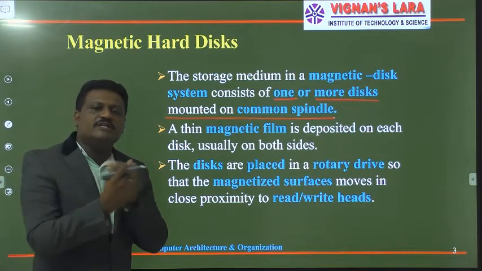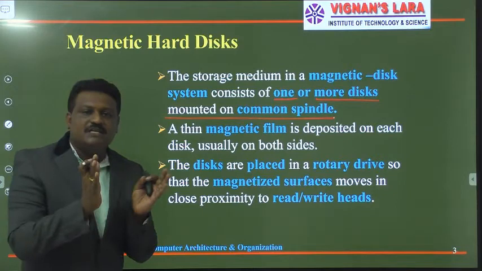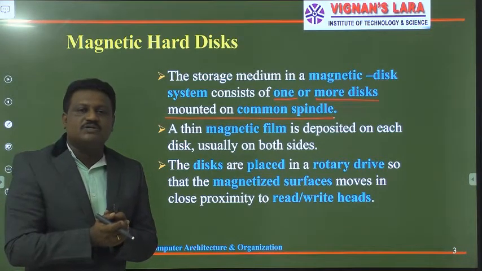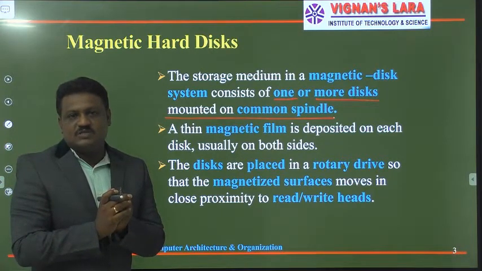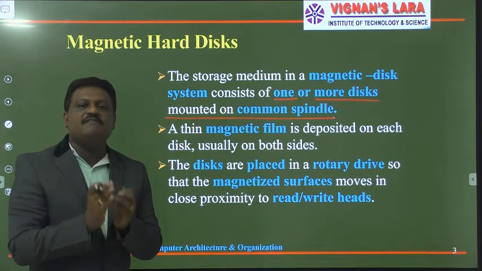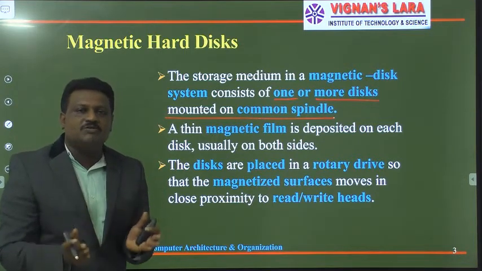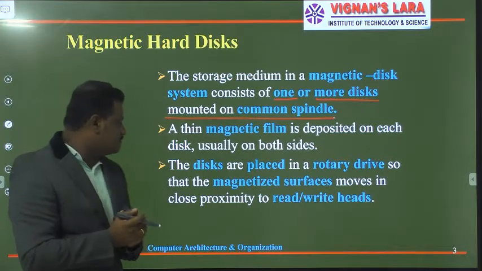If you coat both sides of a disk, that disk can hold a large amount of information compared to a disk coated on only one side. So generally we give the magnetizing coating on both sides in order to increase the storage capacity of that disk.